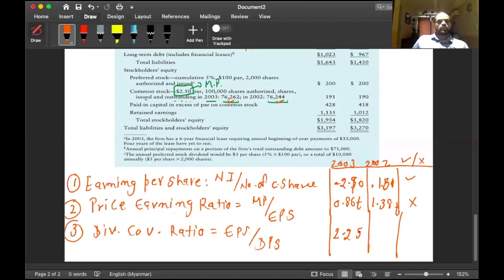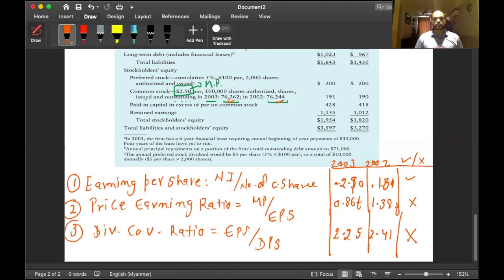And 2002, it's 2.41. So compared to last year, your dividend coverage has been reduced, maybe because earning has been reduced too. So that's why it's bad. All right. So all these are the ratios. So ratios finished.